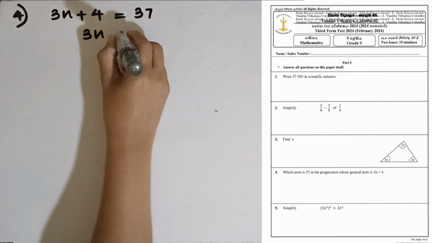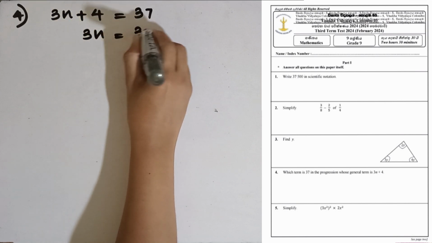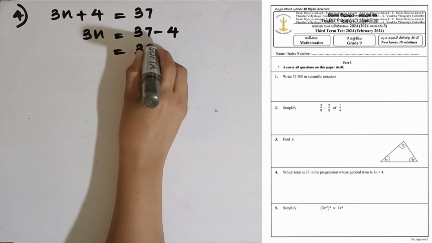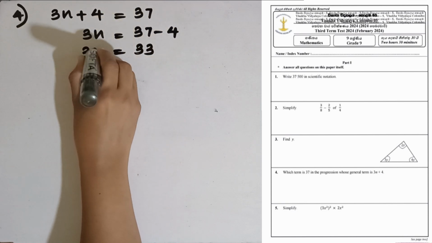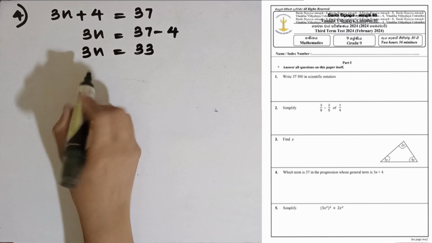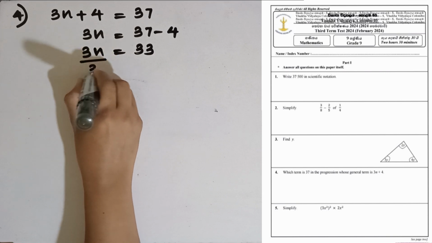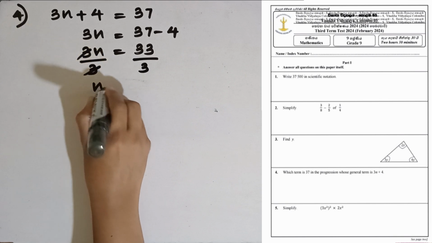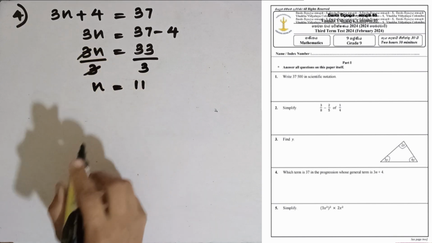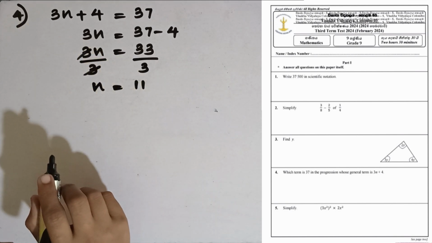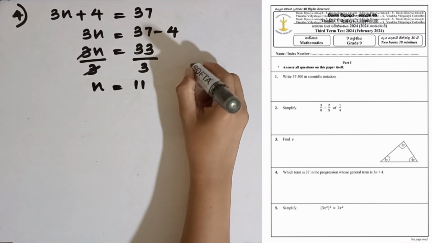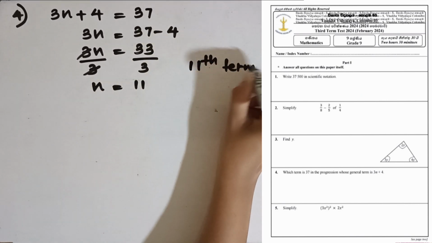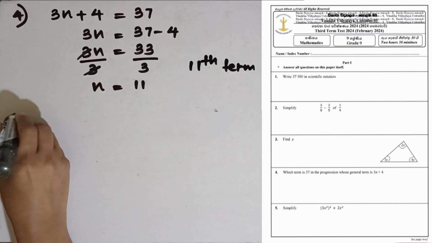Then 3n is remaining; this side 3n equal to 33. Now we can divide both sides by 3. Then n equals 11. So the 11th term is 37.